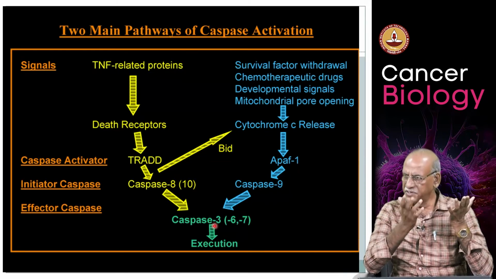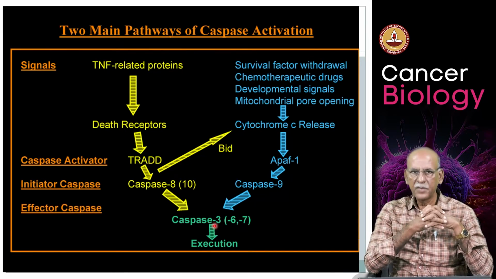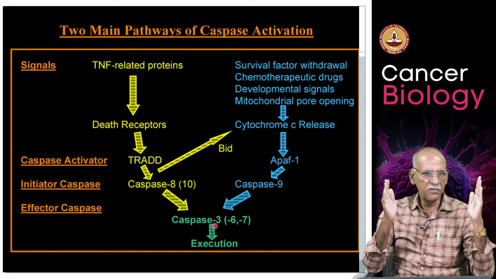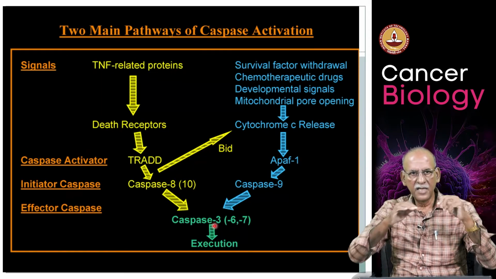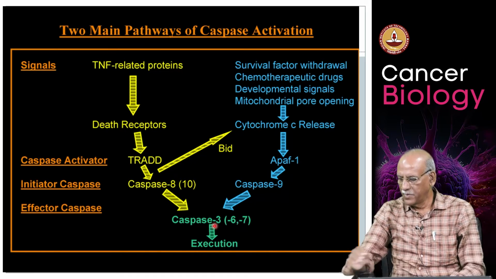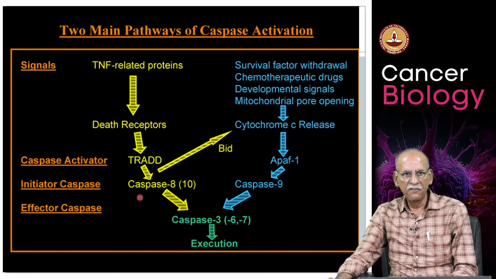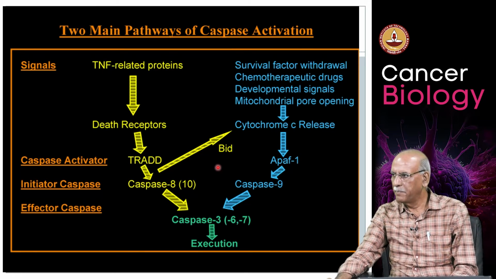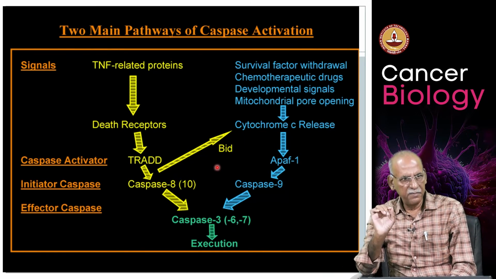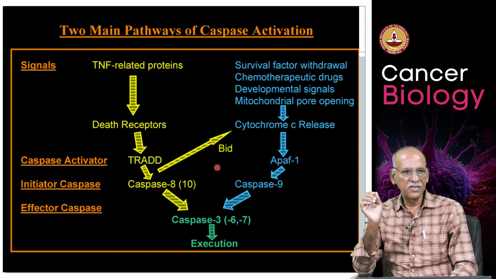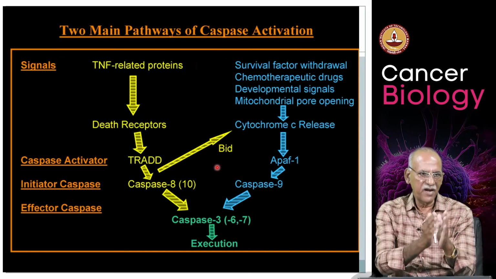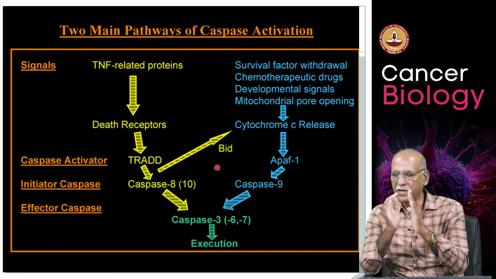Another interesting feature is that these two signaling pathways, you do not have to think of them as separate ones, they can be connected also. You can see the connecting point from caspase 8. It cleaves a molecule called BID. Once it is cleaved, the cleaved molecule is called truncated BID because it cuts it. So, it becomes truncated. It is called tBID.